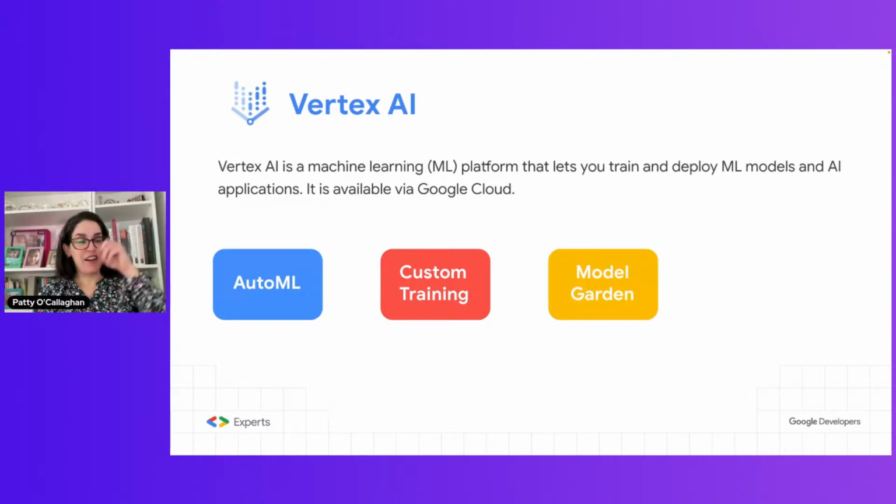Then after that, you can also find the Model Garden, which is also really, really nice. Over there, you will find a huge library of models that are available. You can find, obviously, the Google models. You can find the different versions that are available for Gemini. You can also find the different versions for Gemma, which is the family of open models. And then you can also find open source models like, for example, Llama from Meta.